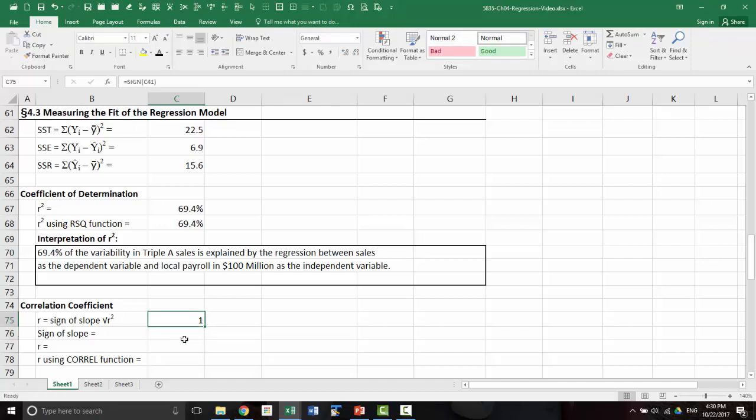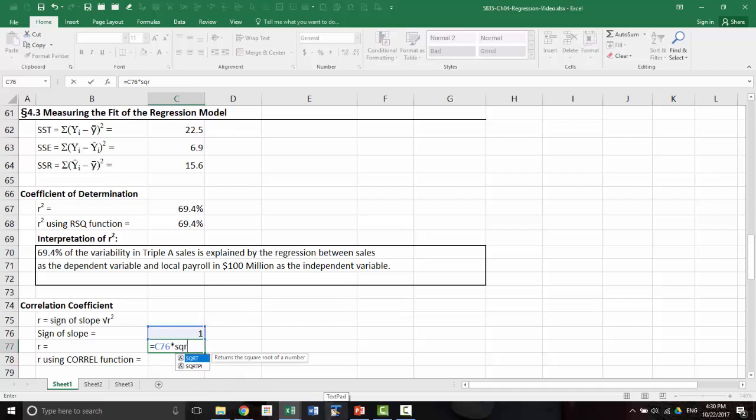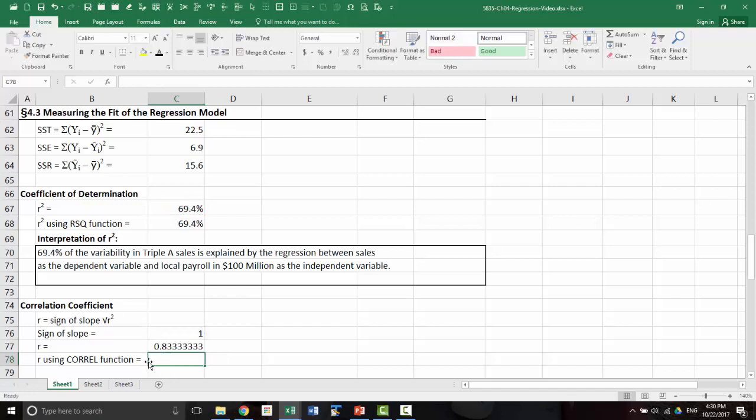We want that here. And then R is that sign times the square root of the R squared value. So that will give you the correlation coefficient.